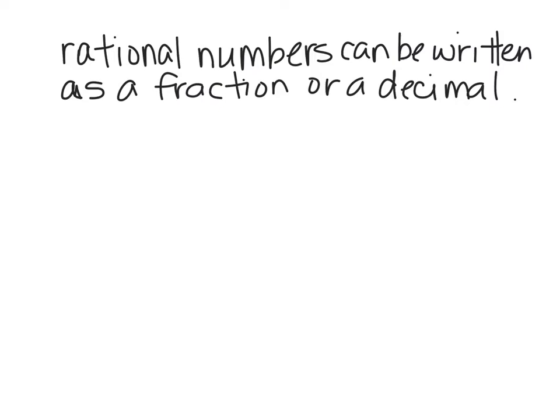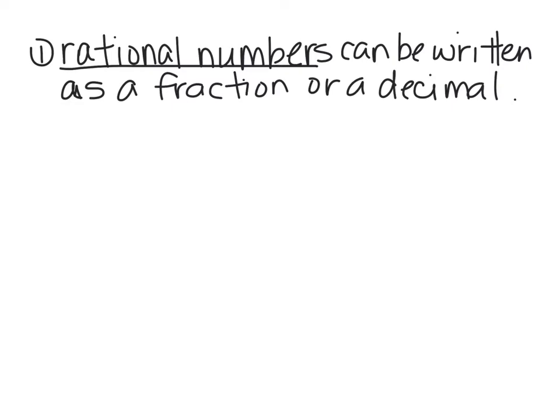Okay, for problem number 1, it's asking that you select whether each number in each situation is rational or irrational. So you need to know that a rational number can be written as a fraction or as a decimal, and the decimal can be either terminating or repeating.